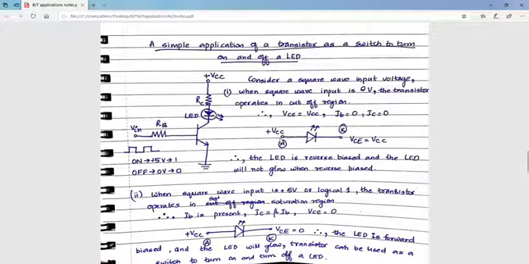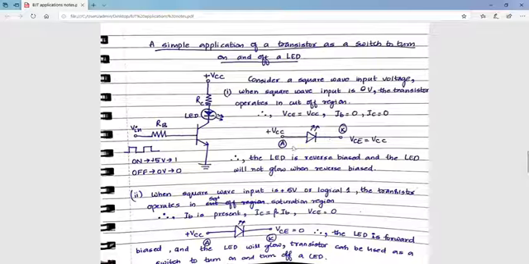Now to the LED, what happens? The LED's anode terminal is connected to VCC voltage, and the cathode terminal, that is your VCE, which is present here, the voltage across that is also VCC. If you want the LED to glow, it has to be forward biased.